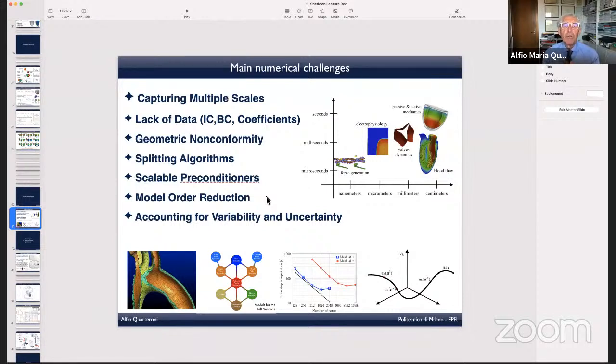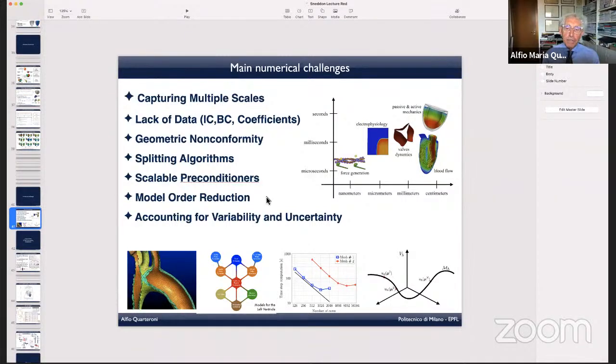If you want to observe, for instance, diseases that originate at the level of capillaries because of the pathological deformation of red blood cells, like in malaria, then in that case, you have to go and see with very sophisticated methods what's going on there. But if you want to see the effect that the global circulation has on the heart, for instance, then you really have to go and use zero-dimensional models or reduced order models at that level.